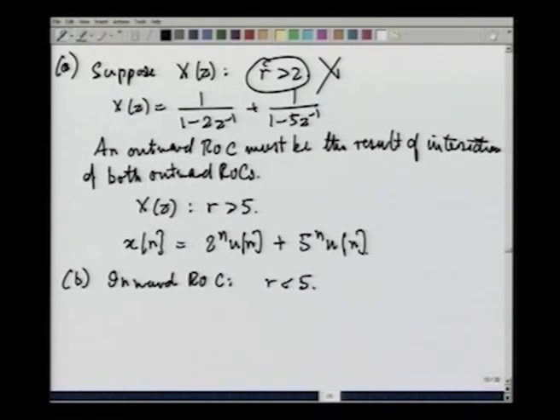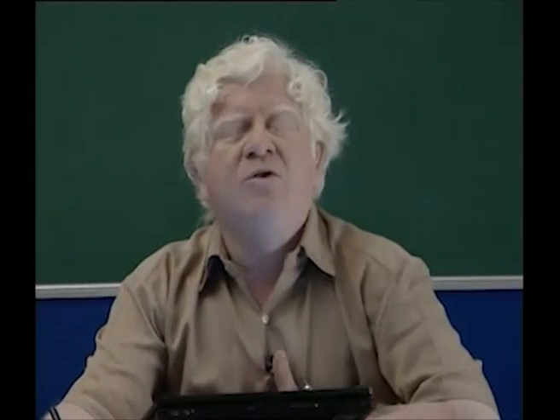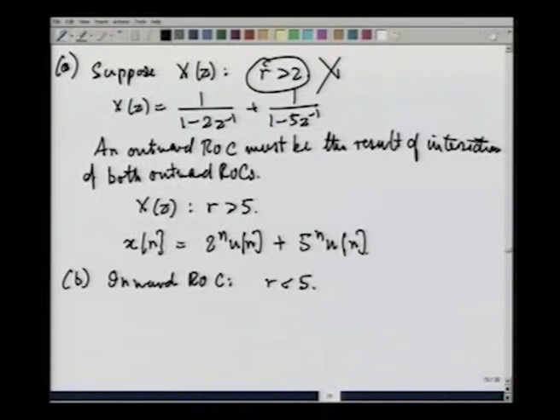This is also an impossible case, because an inward ROC can be the result only of intersecting two inward ROCs, and when you have two inward ROCs, X1 can give an inward ROC from 2, and X2 can give an inward ROC starting from r equal to 5, that is r less than 5. The intersection of these two will only consist of an ROC for r less than 2. It will not consist of r less than 5. Hence, this specification is incorrect.